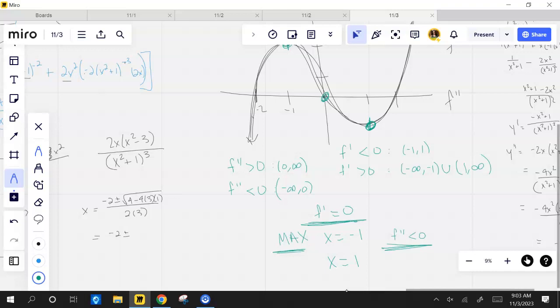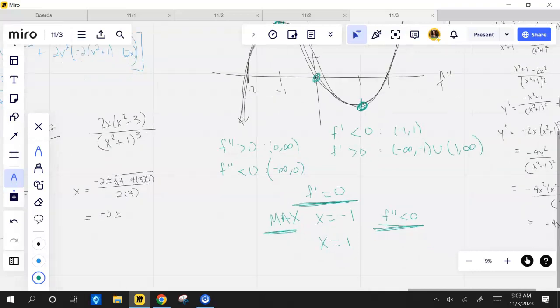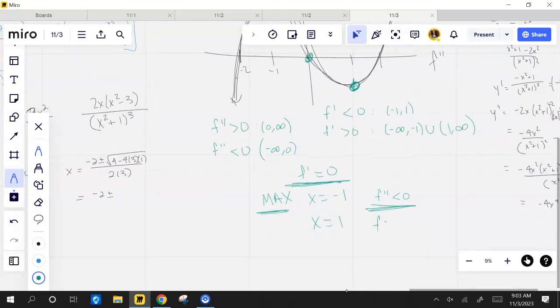If I'm concave down, it must be a max, right? If this is a min, what should my second derivative be? Positive, right? Because if it's a minimum, it needs to be concave up, so it'd have to sit at the bottom of that concave part.